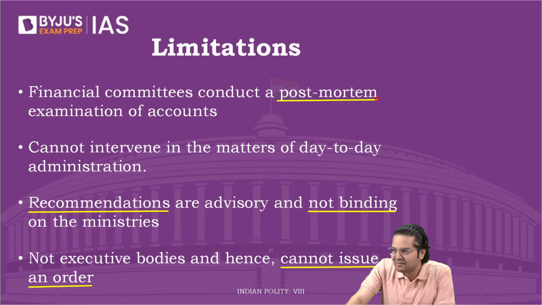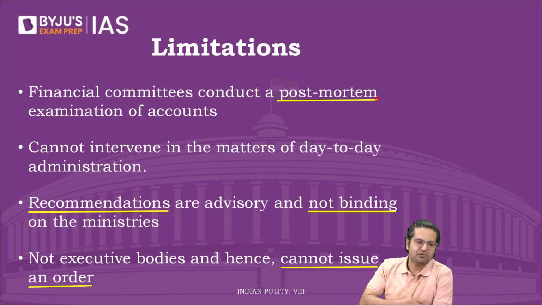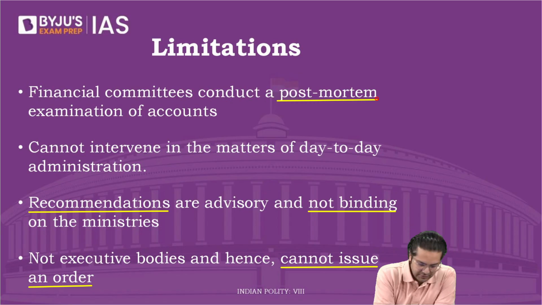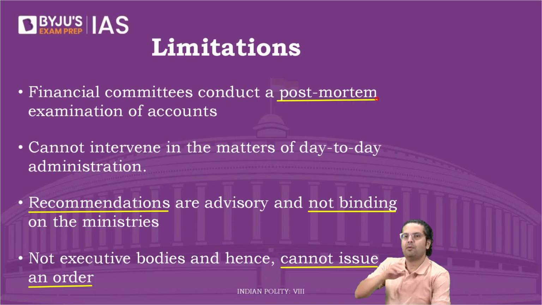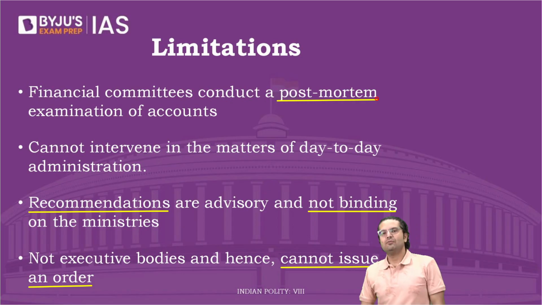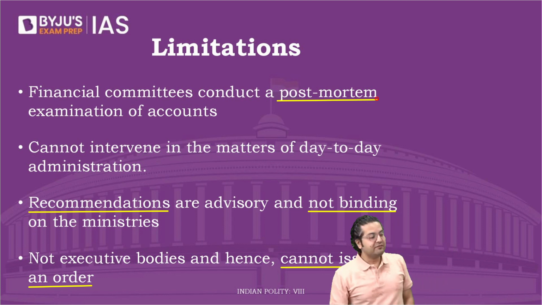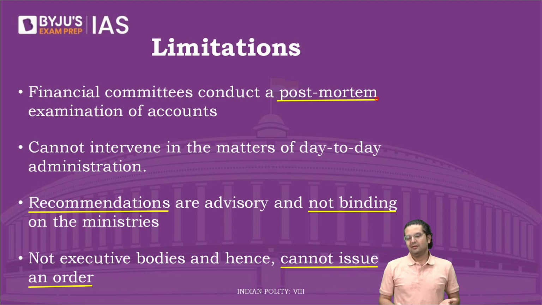CAG evaluates these reports. And once the CAG evaluates these reports, what happens? The evaluated reports are then tabled in the House on which the MPs can discuss. Now, you will say that this is great accountability. The MPs are able to discuss on all those important areas where the government spent money and can find the fault. But what can be done?